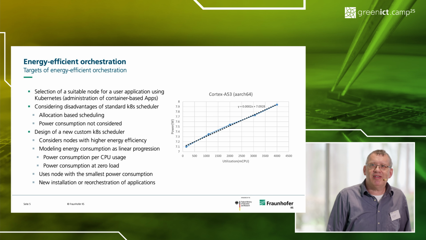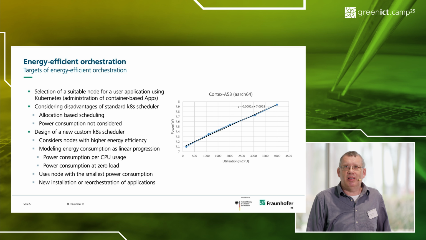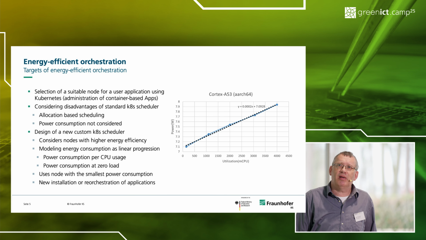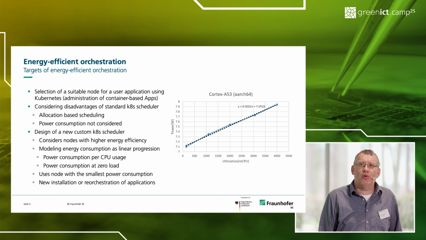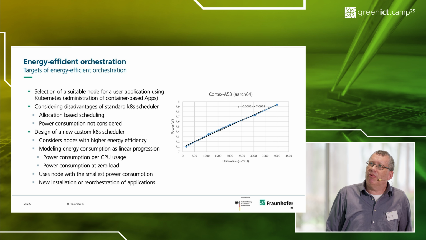And so we have decided to design our own Kubernetes scheduler, an own custom scheduler, and our own scheduler now considers nodes with higher energy efficiency, and it needs a model, so we model the power consumption of the different devices.